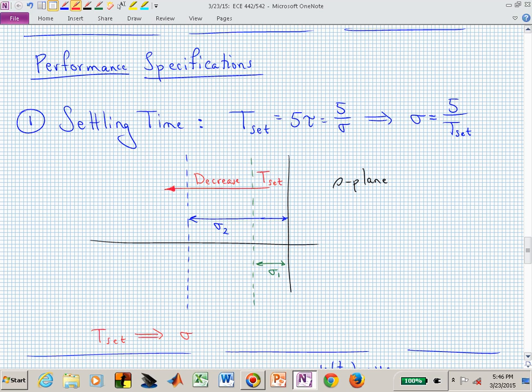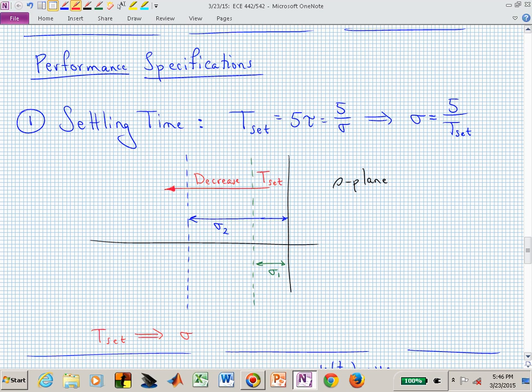But that tells you now sigma in the S-plane, you need your poles to be, if you want a settling time of 1/2 of a second, your 1% settling time to be 1/2 of a second, you need your poles, the dominant poles, the slowest poles in your system, to be beyond -10 in the left half plane.